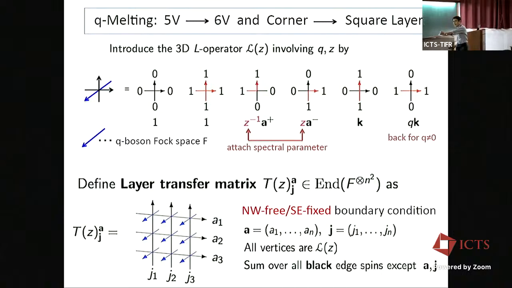Layer from this layer to this layer, following these blue arrows. So I think this is clear for everyone. So it's an operator acting on the tensor product of the Fock spaces. This is an n by n lattice. And remember that the A, J are not the indices of a matrix, but a label of the boundary condition.